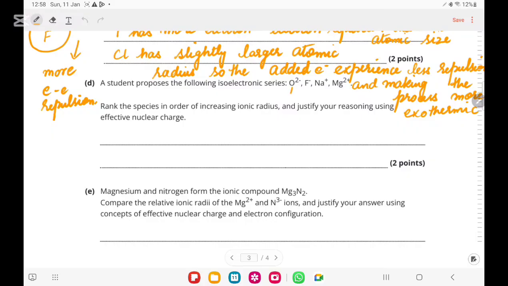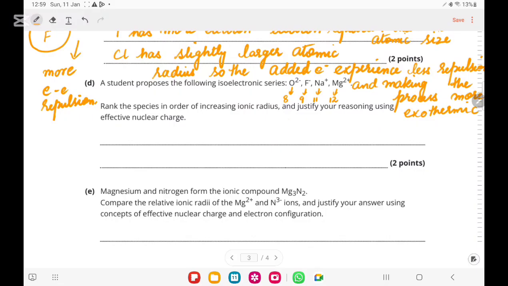O minus 2 has the atomic number of 8, fluorine has 9, the proton number, sodium has 11, magnesium has 12, and they all have the same number of electrons. Their numbers of protons are different.